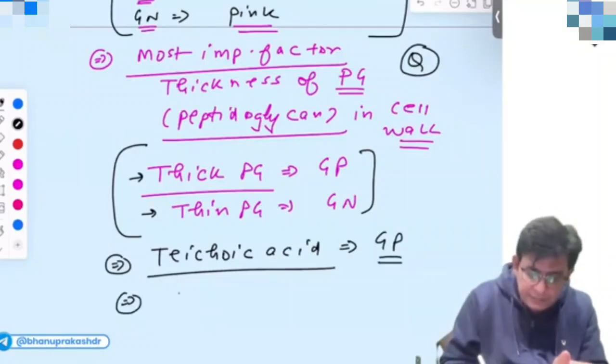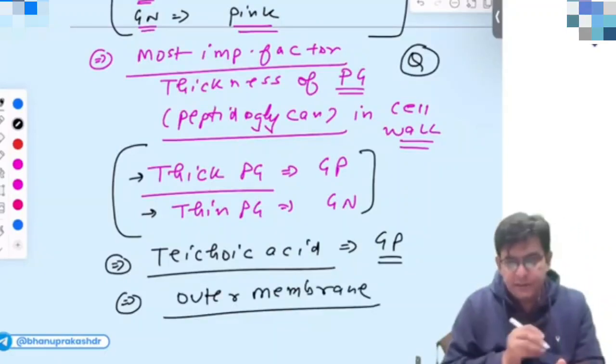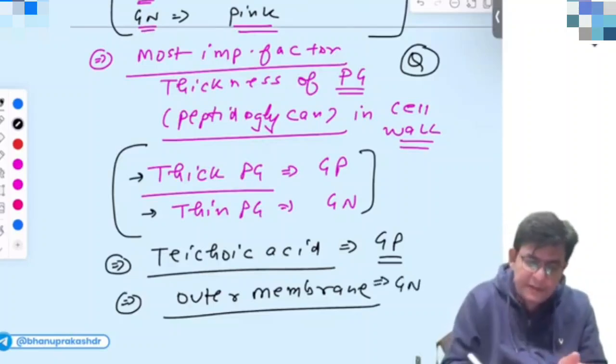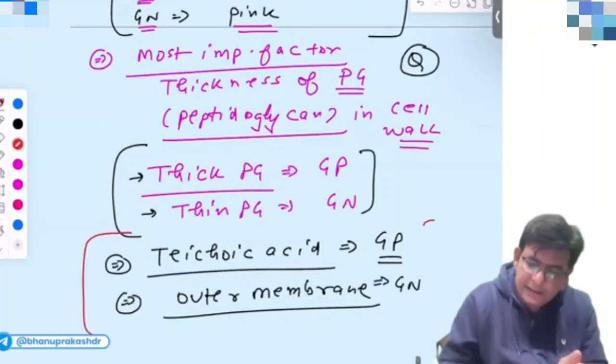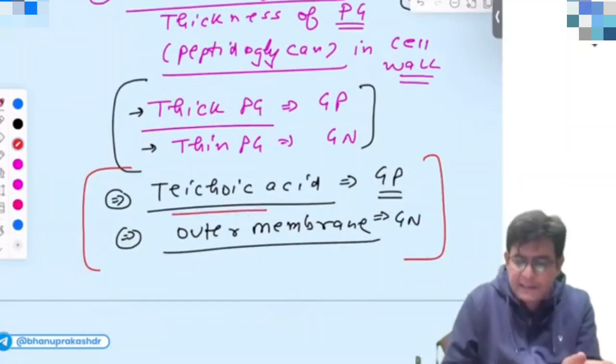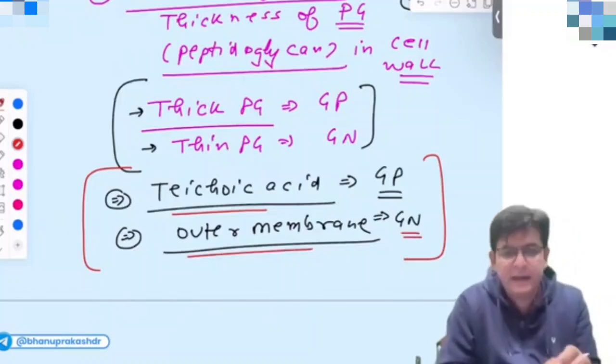And the outer membrane, if somebody asks you, is a feature of gram negative. This was asked in NEET PG and in your FMG exam also: teichoic acid is a feature of gram positive and outer membrane is a feature of gram negative.